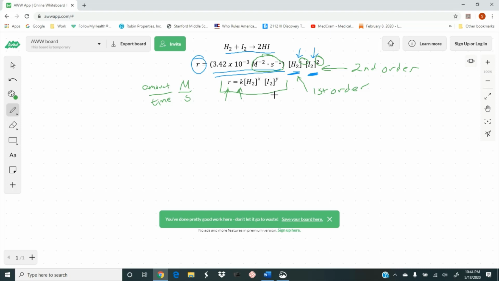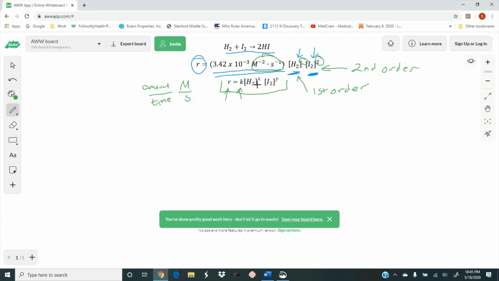All rate laws, and we call this the differential rate law, in this class, that's all we're going to use. So I'll just call them rate laws. All rate laws take this format. So R is equal to K. You can always write R is equal to K. They will always start that way. Then you just multiply by the concentration of reactant 1 to the X power times concentration of reactant 2 to the Y power.